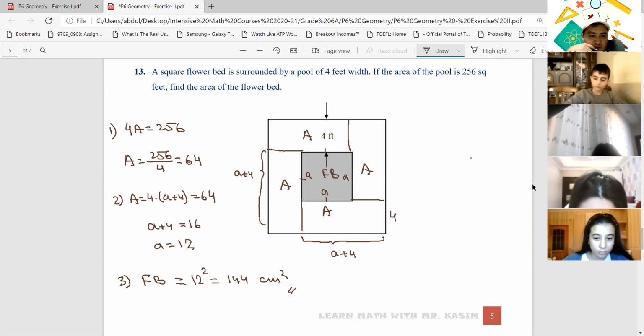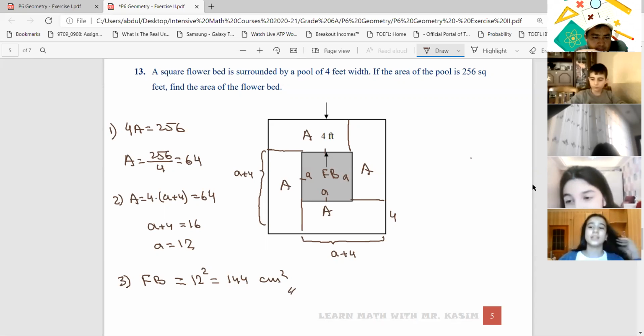Mariam, did you solve like this or in a different way? How did you get 64? I just divided 256 and 4. First, you divided 256 by 4. Yes. Okay, that is 64. After that, I didn't do anything.